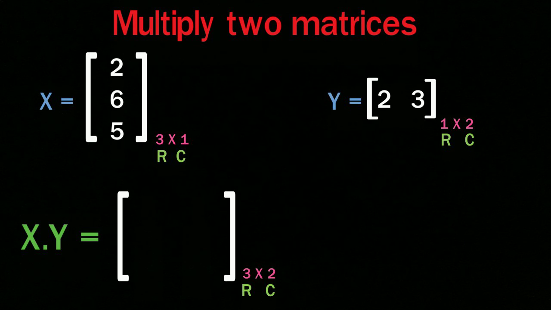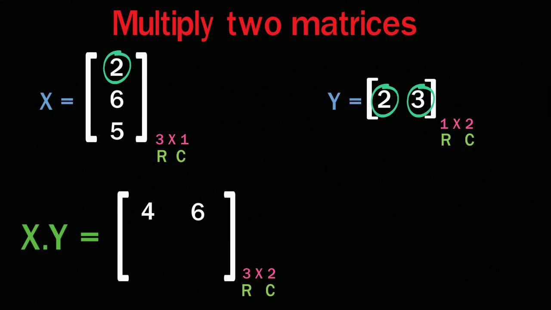When you multiply, you look at the first row of matrix X and multiply with the first column of matrix Y. So 2 multiplied with 2 is 4. For the second element, which is in the first row and second column, we use 2 multiplied with the second element of matrix Y. 2 multiplied with 3 is 6.